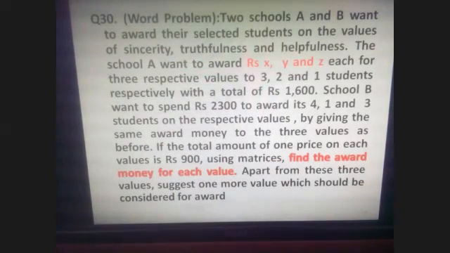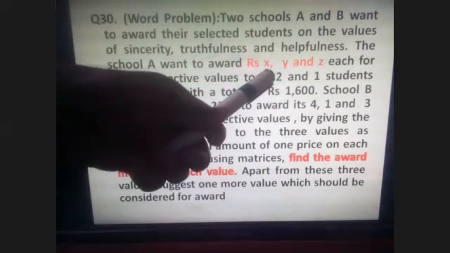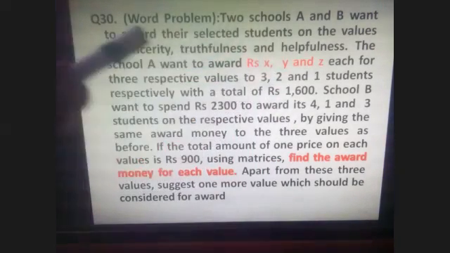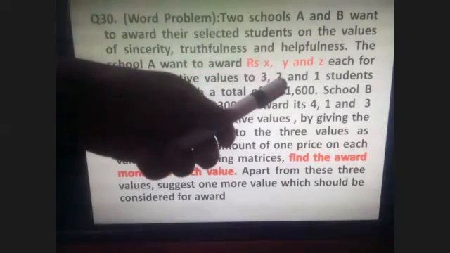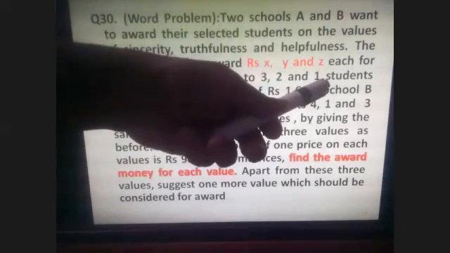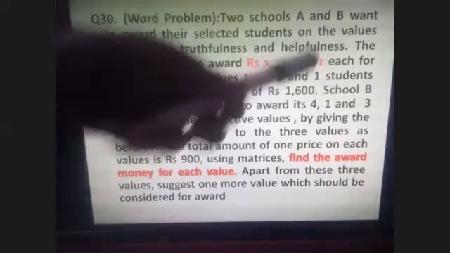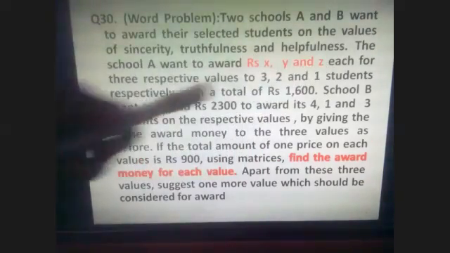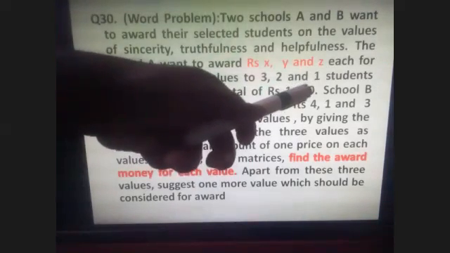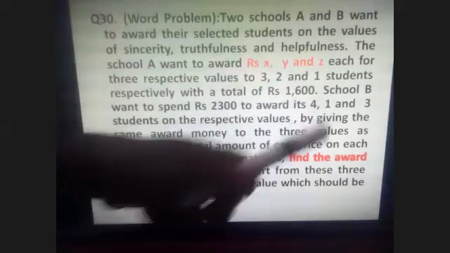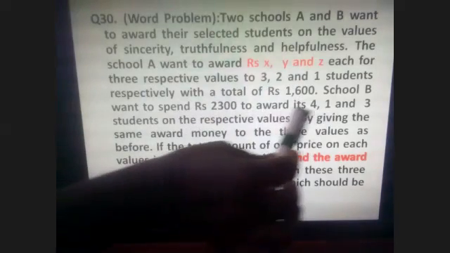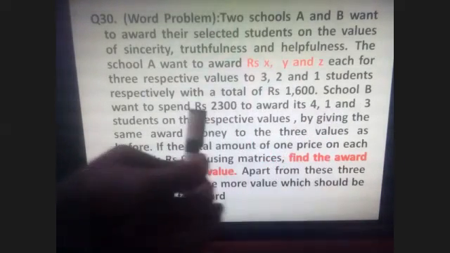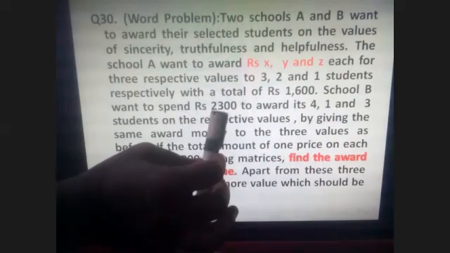Now we go for the equations. What is the first equation? 3 students for sincerity, 2 students for truthfulness, 1 student for helpfulness. That means 3x plus 2y plus z. They have to spend rupees 1600, and further school B, 4, 1 and 3, and they have to spend rupees 2300.